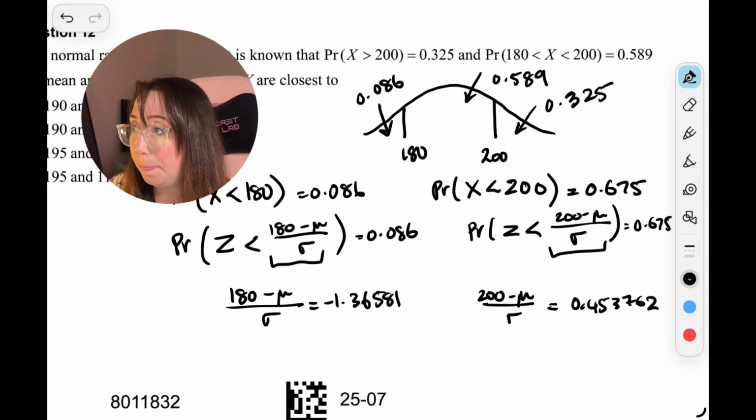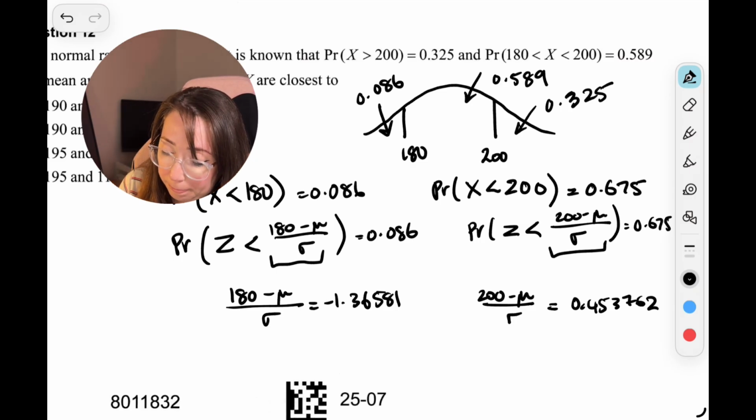And the second one, 200 minus m on s equals 0.453762. You don't need that many decimals, but anyway, looking for m and s.